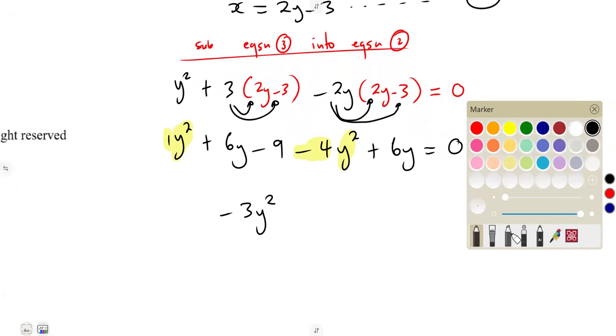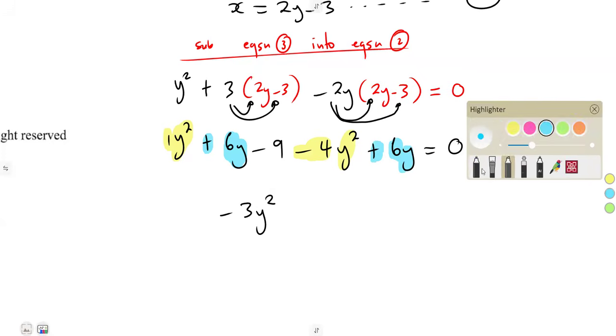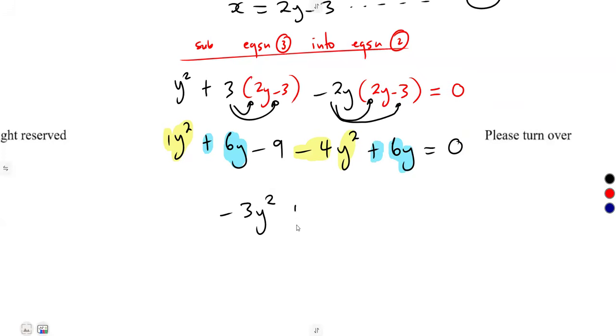Also, we've got like terms, the part of y here, 6y and 6y. You simply have to add 6 plus 6, that's 12, so that gives us plus 12y. Then negative 9 is on its own. You cannot simplify it any further.